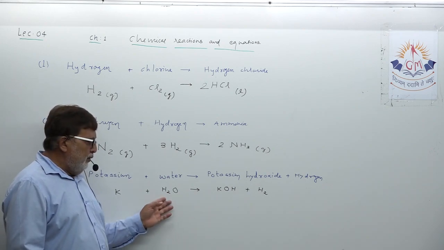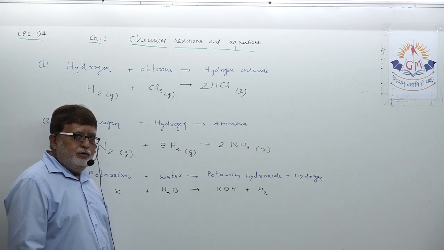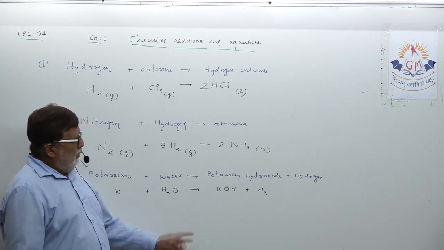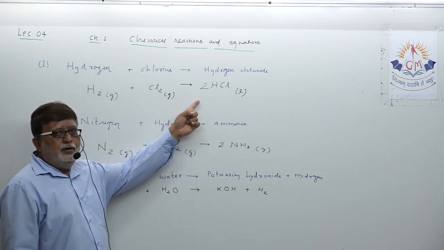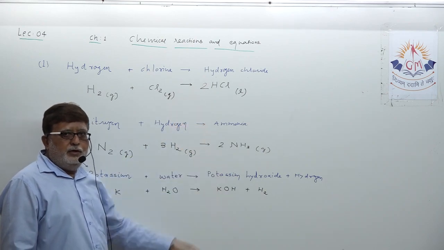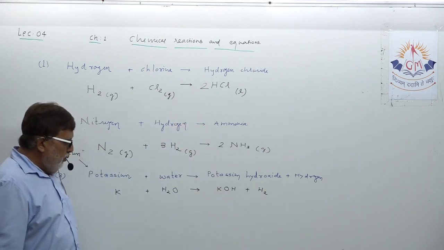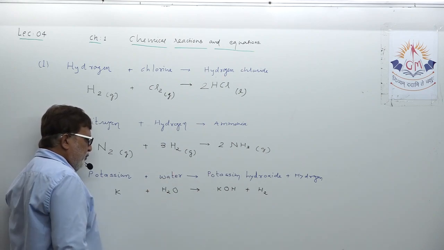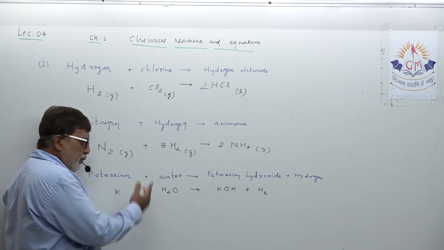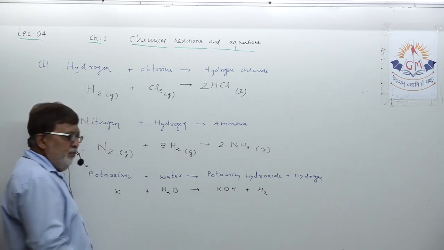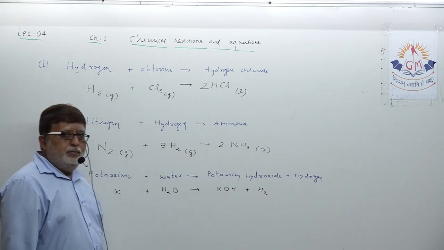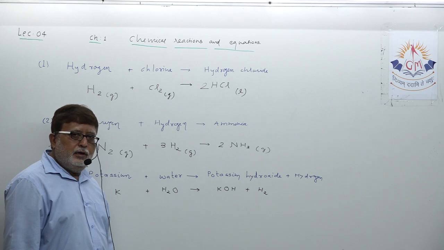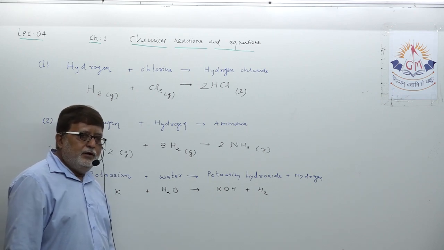So where you target, this one or this one, becomes difficult. Earlier there was only one such compound, so I told you to target that compound, but here on the reactant side and on the product side there are two compounds containing a similar number of atoms. It becomes a little difficult to balance such a chemical equation.